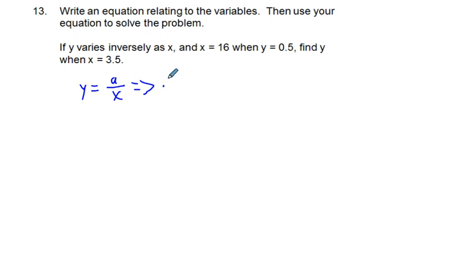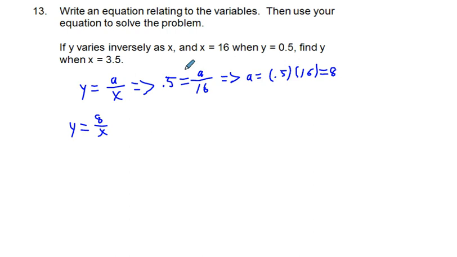So here we have 0.5 for y is equal to a over 16. And so we cross multiply. We have a is equal to 0.5 times 16, which equals 8. So our equation would be y is equal to 8 over x.